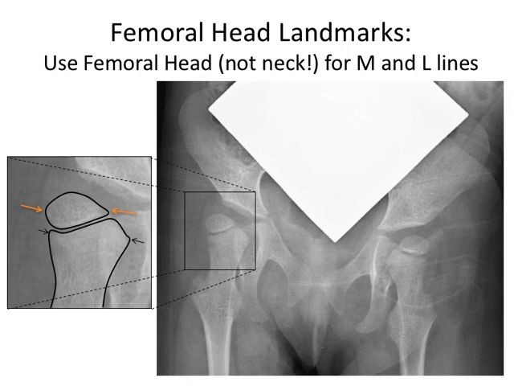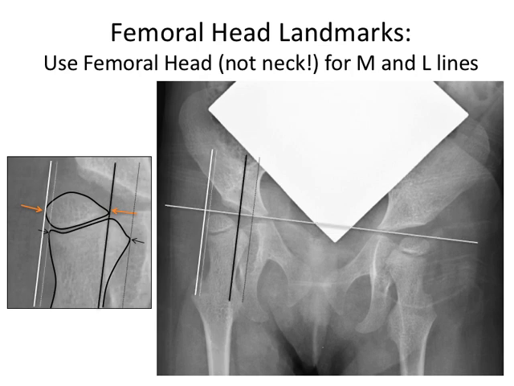So the medial and lateral aspects of the ossific nucleus of the femoral head, represented here with the solid lines, black for medial, white for lateral, should be used as the landmarks, not the dotted lines which correspond to the femoral neck width. Okay, that's important because you'll see that pretty commonly.